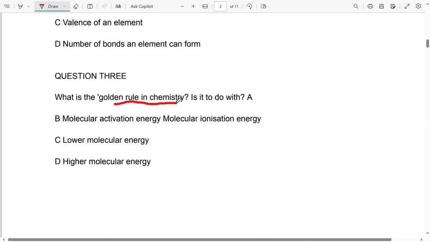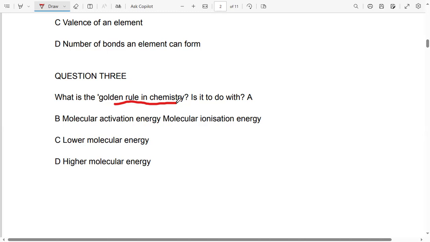So the golden rule in chemistry is that whatever chemical compound you're forming, whatever products you want to produce, your golden rule is to lower the molecular energy that is used in that process.